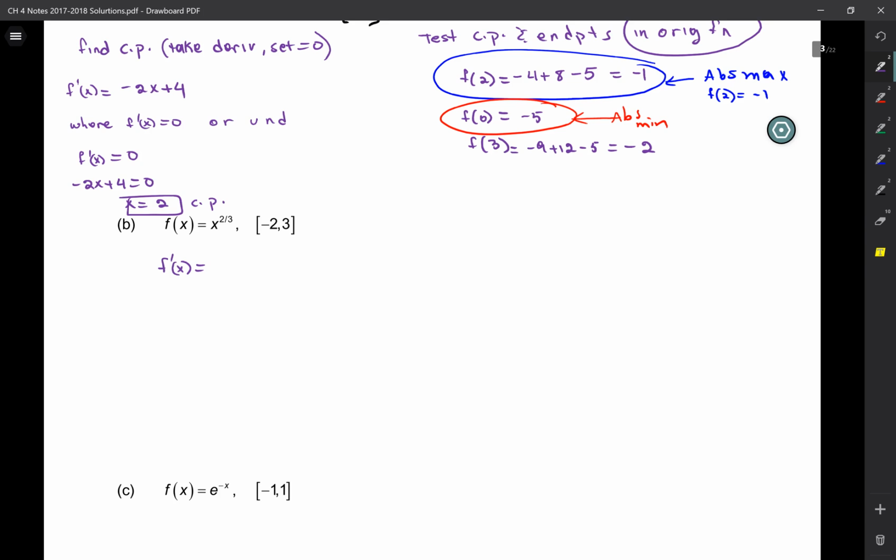Anyway, okay. Wait, I'm confused, the endpoints were in the last one. Huh? 0 and 3 were. It gives it to us. It's the endpoints of the interval. Okay, so derivative here: 2 over 3, x to the 2 over 3 minus 1.